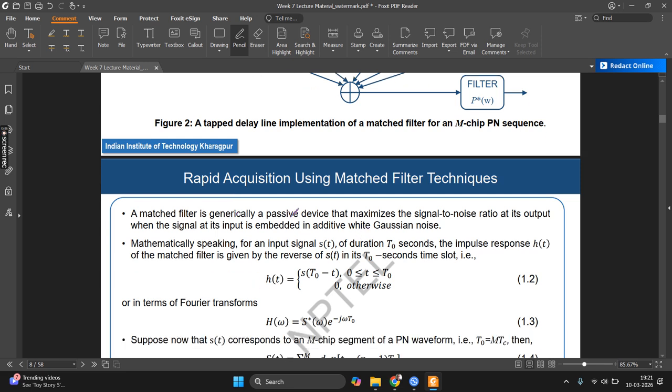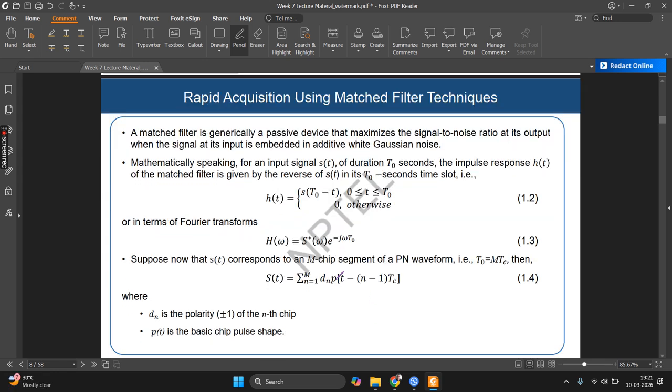The impulse response of this matched filter is given by the reverse of s(t) in the t0 second time slot, that is h(t) equals s(t0 minus t). The flipped and delayed version of whichever signal is there is known as the matched filter of that signal. So each signal, or each PN sequence chip or PN code, has its own matched filter. It's not like there is a unique matched filter for everyone.